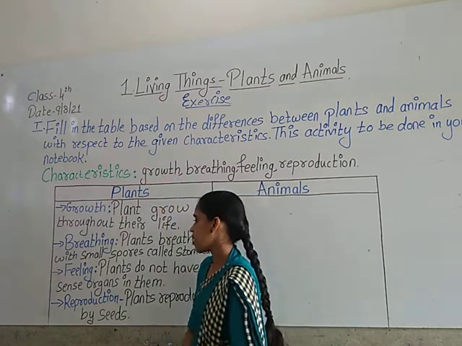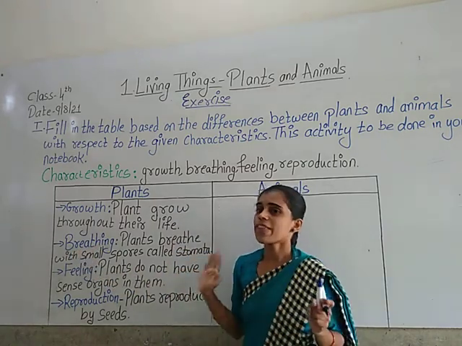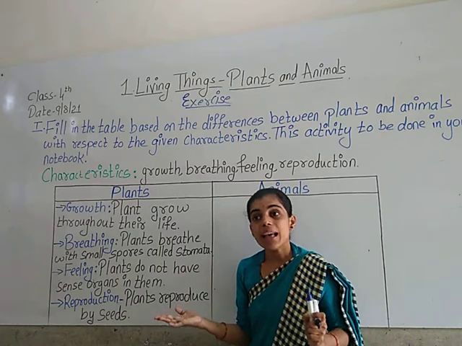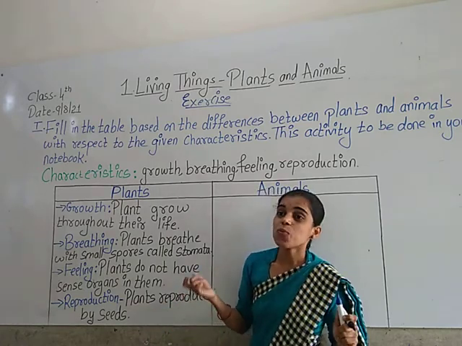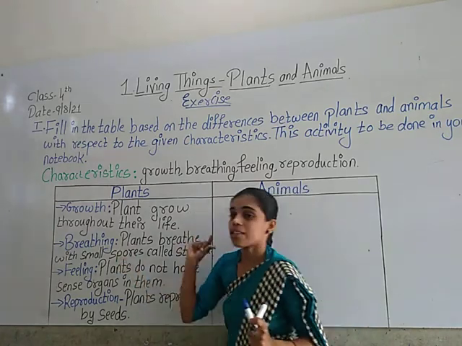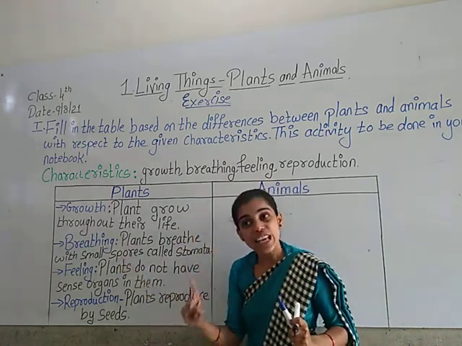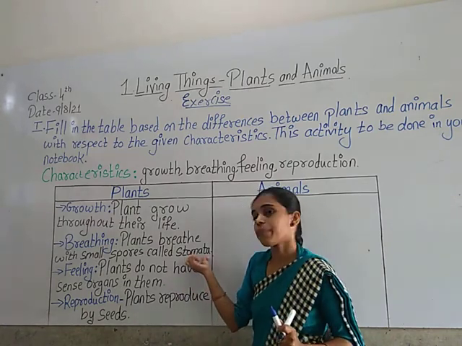Second one characteristic is breathing. So, plants do not have the organs to breathe. But the plants can breathe with the small holes, small pores in the leaf. It is called as stomata.